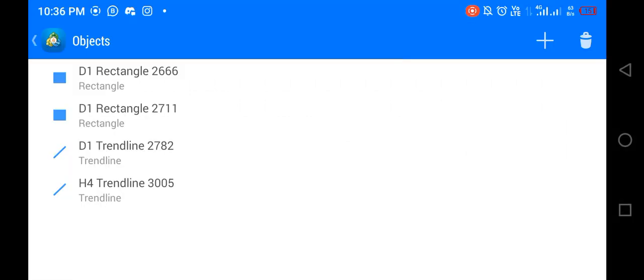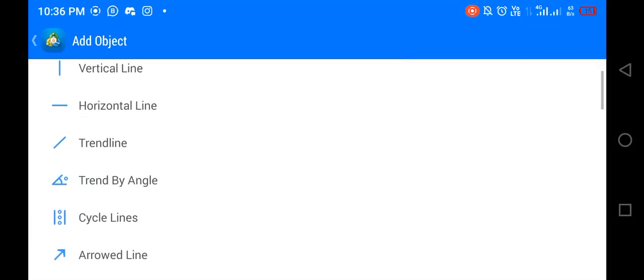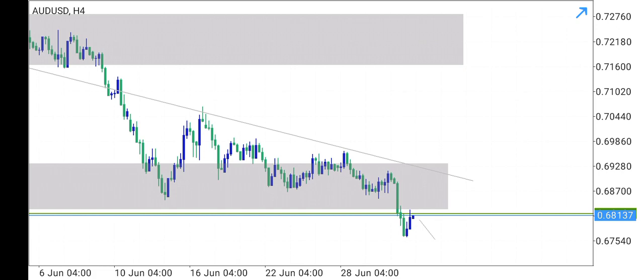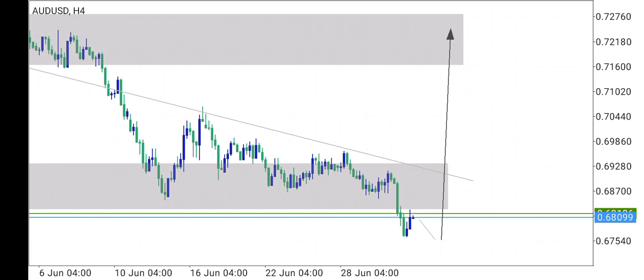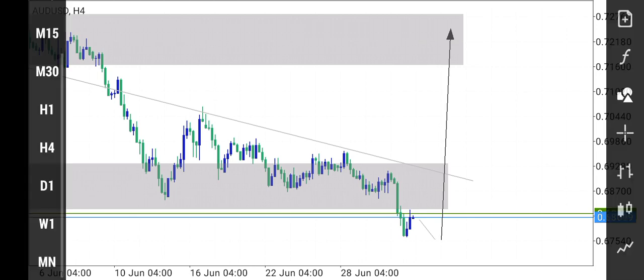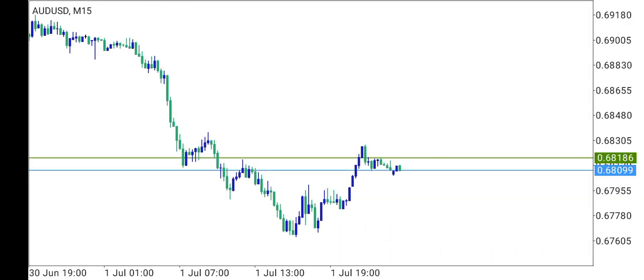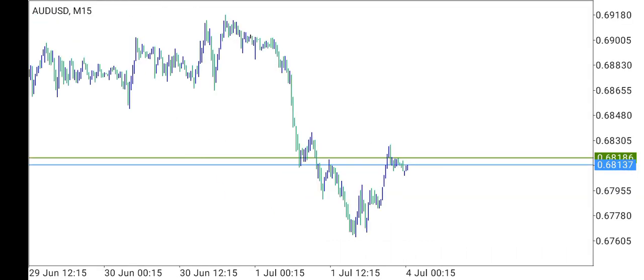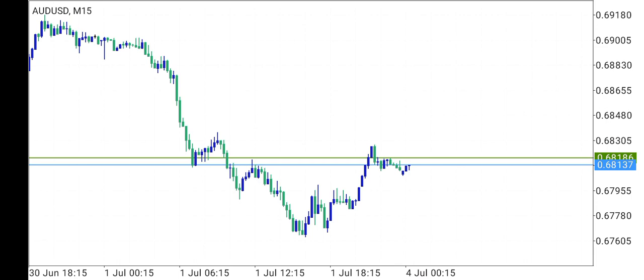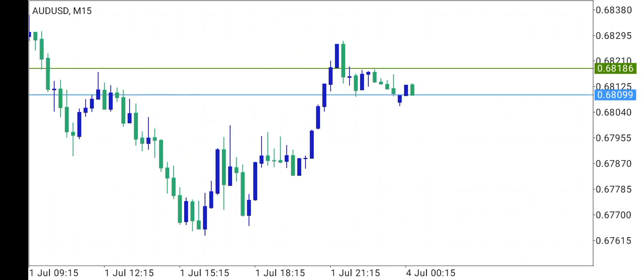Now what we'll be looking for is a downward movement to confirm our main movement. If you watch, price is moving down. So we go to 15 minutes to see what is happening. If you watch now, there's a little gap here. Not much gap.